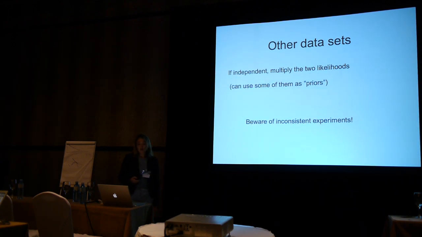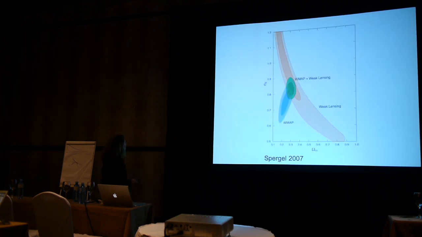Okay? When you do that, please be aware of inconsistent experiments. Let me give you an example actually taken from the literature where there is no real inconsistency, but you can see where things are going. This is again from a previous release of WMAP. These were the WMAP constraints in the plane omega matter, sigma 8. And these were the weak lensing constraints. Now, these two data sets are not obviously inconsistent with each other, right?